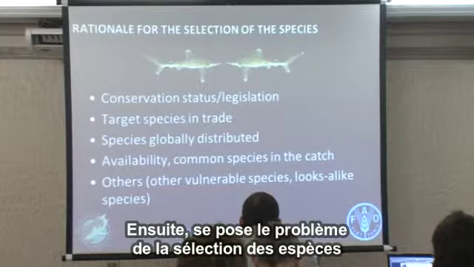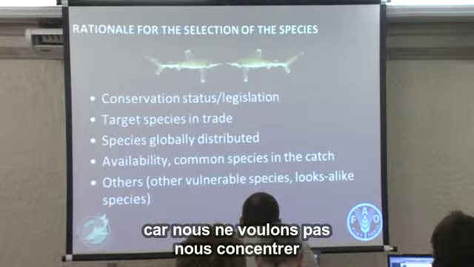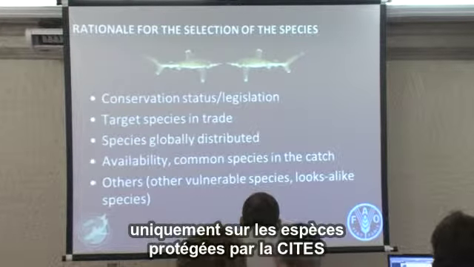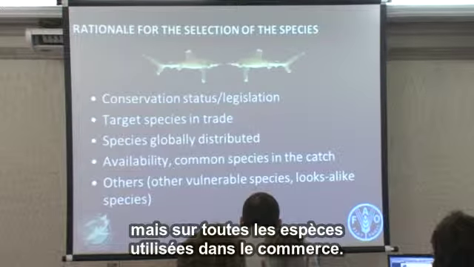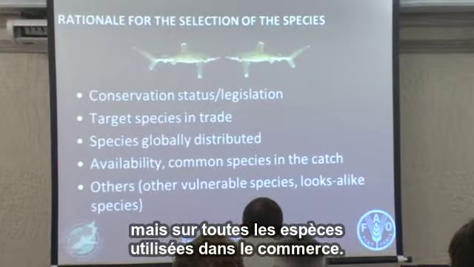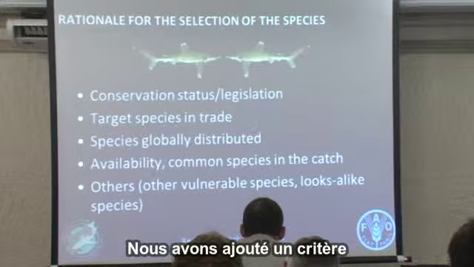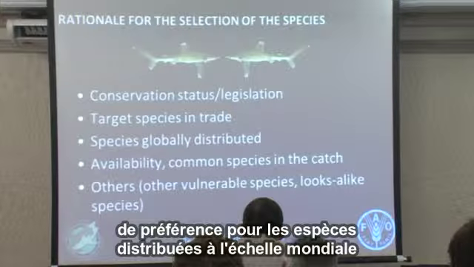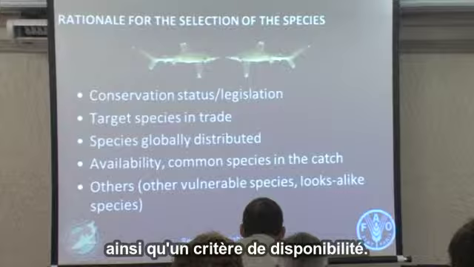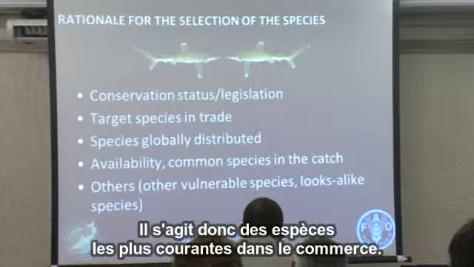Then we had the problem of the selection of the species, because we are not considering only the species protected under CITES, but in general, all the species that are targeted in trade. Then we added the criteria for preferences of species globally distributed, and also on availability, so the more common species in trade in general.